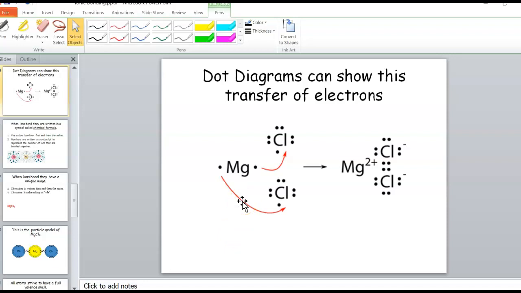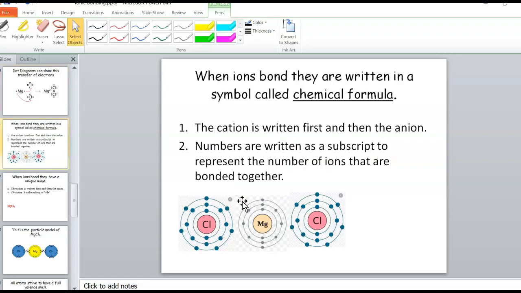You simply need to make certain that those valence electrons eventually come to being a full valence shell. So here is what our diagram would look like that we had just said, where we have 1 magnesium, we have 1 chlorine, 2 chlorines, and the magnesium has transferred its electrons to the chlorine.